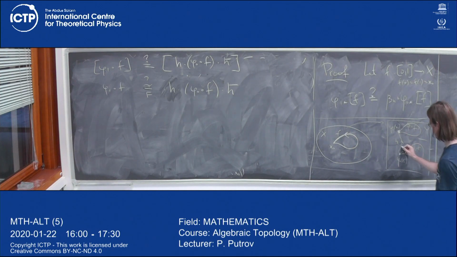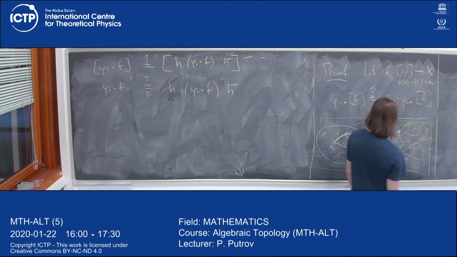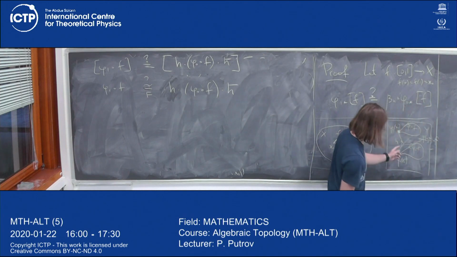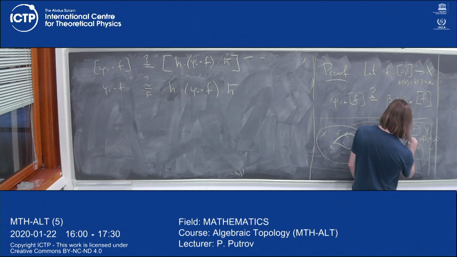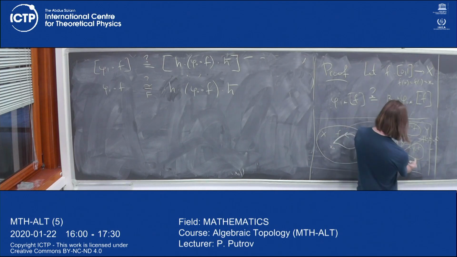So if I have a family of my maps from X to Y, and I take some particular point t in my interval, I consider the composition of phi restricted to this point t with f, and it will be again some loop. And once I vary t from 0 to 1, this loop deforms from this guy to this guy.